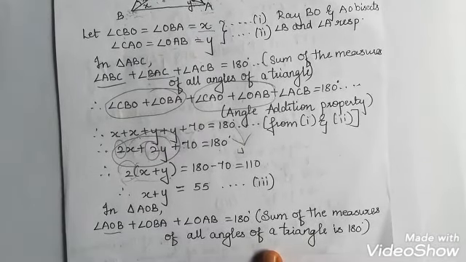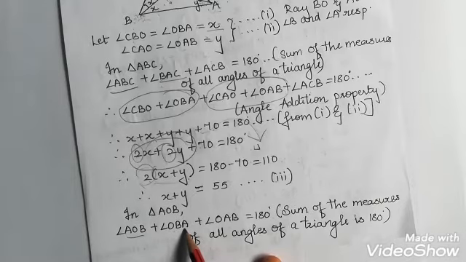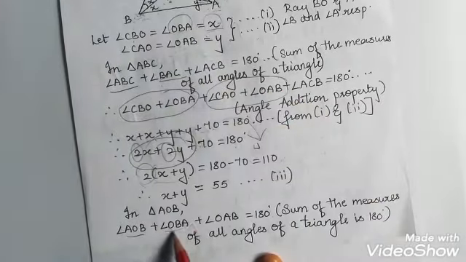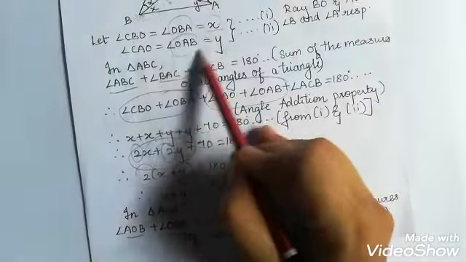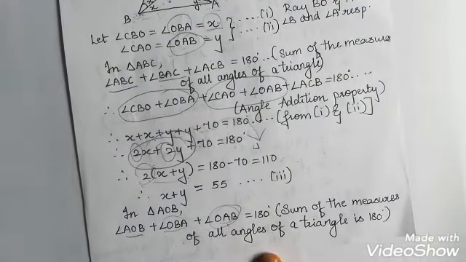I don't know what the measure of angle AOB is; we are finding it out. Angle OBA is x, so in place of angle OBA, we will write x, and angle OAB is y, so in place of angle OAB, I will write y.